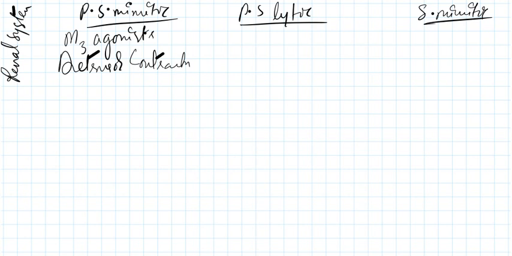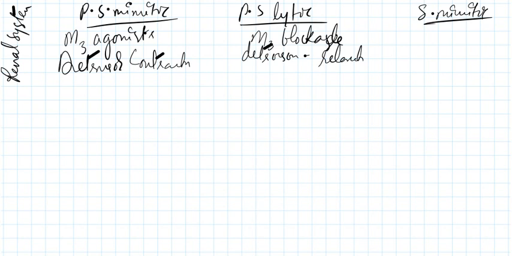Parasympatholytics cause M3 blockade, as we already saw previously. So M3 blockade, so detrusor relaxation.